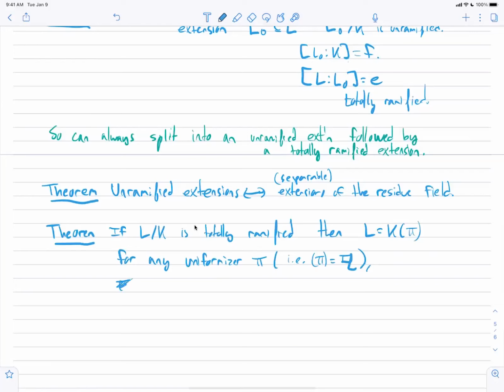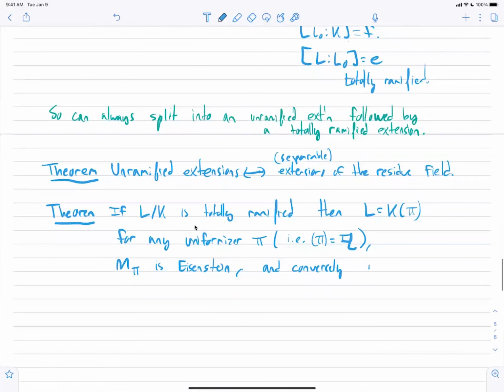The minimal polynomial of pi is Eisenstein, and conversely, if, okay, the generalization of Eisenstein is the obvious one.